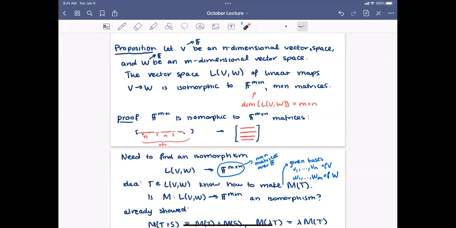I think this means the first row of the matrix of T, and this is the nth row; the first column and the nth column of the matrix of T.